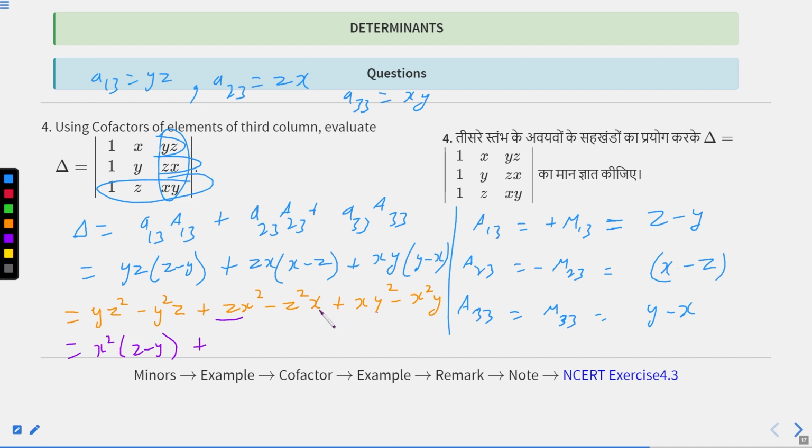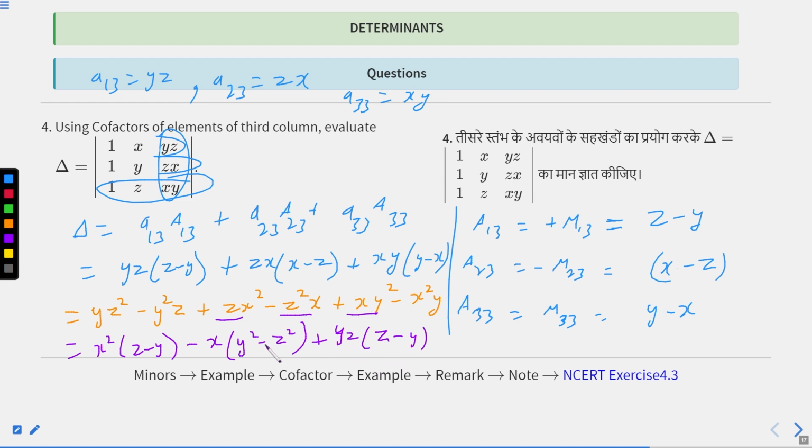Now plus, take minus x common from here, so you will have y square minus z square. Okay, so far so good. Now what about this? What can you take? yz common. Taking yz common, you will have z minus y. Okay, so far so good.